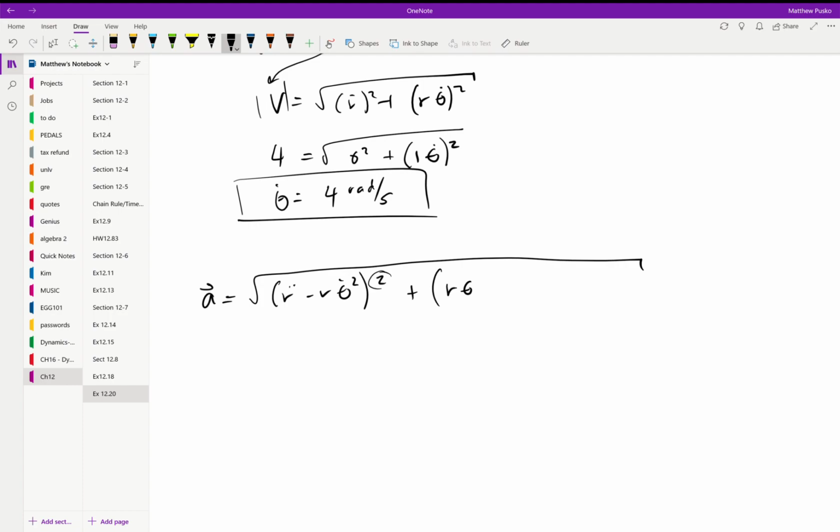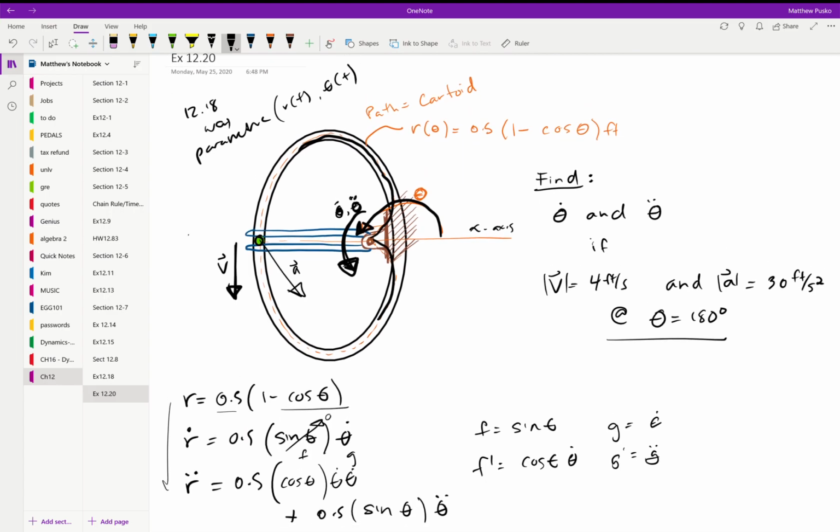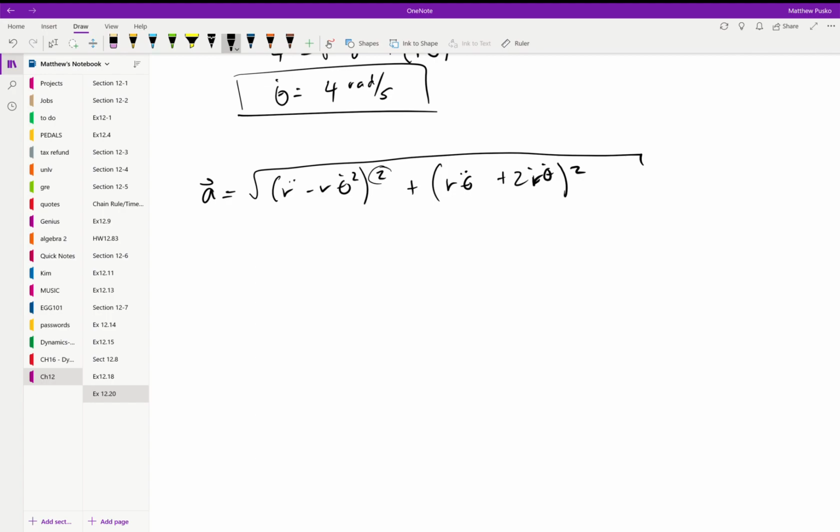Plus r theta double dot plus 2 r dot theta dot, and that's all squared again. We were given that the magnitude of the acceleration was 30. They didn't tell us which way it was pointing, but it's 30 right there.